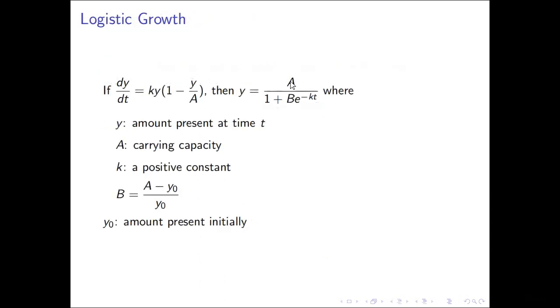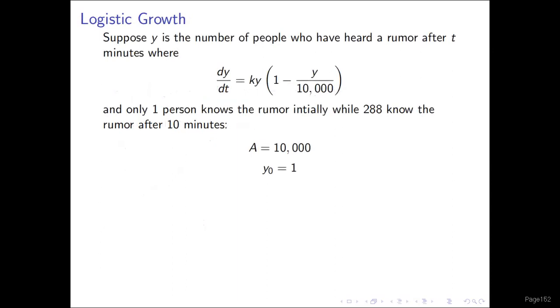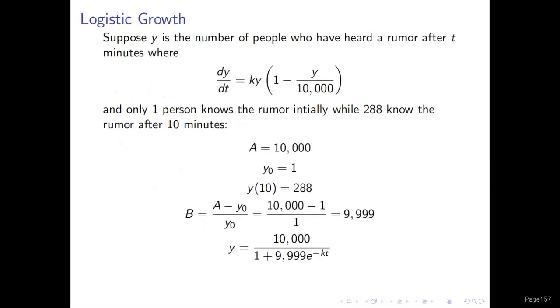Once you know A, B, and K, you can write down the solution to the differential equation. We just need to solve for K, by the way. So we have y equals 10,000 over 1 plus 9,999 e to the negative kt, K yet to be solved.